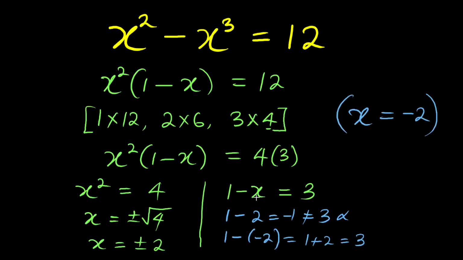Now we have to find the remaining values of x. Remember, we have a degree 3 polynomial here. Okay, so what we are going to do here is rewrite that equation. So we had x squared minus x cubed is equal to 12. I'll rewrite this such that I have 0 on the right hand side.